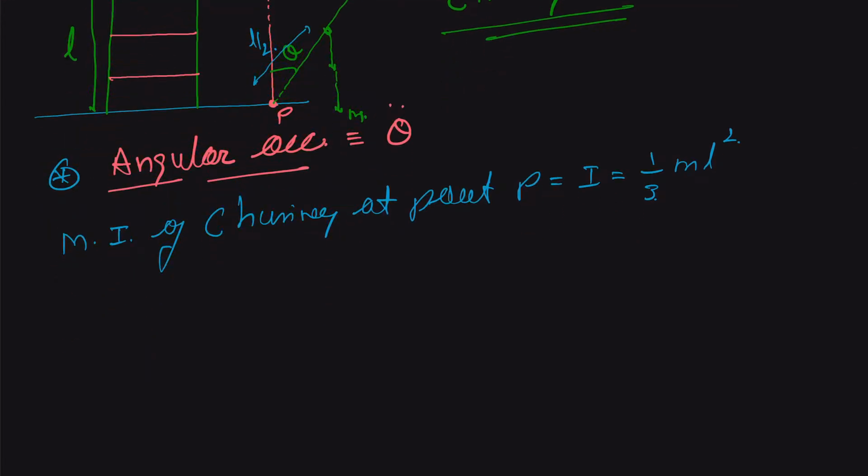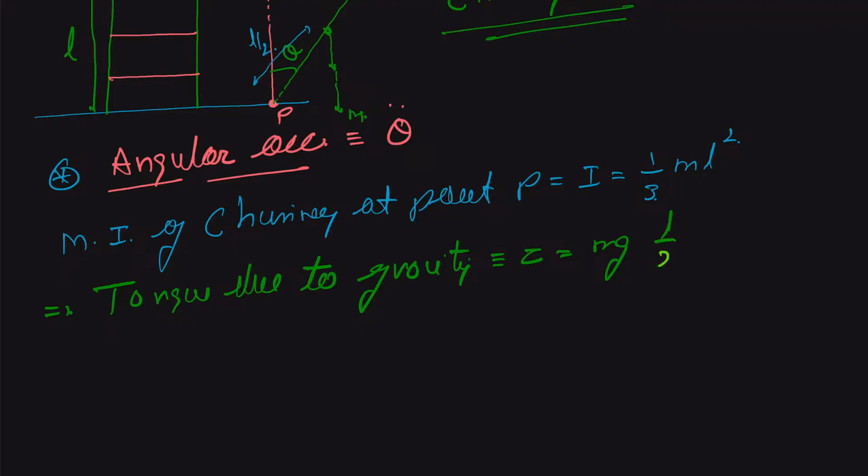Therefore we can write that the torque due to gravity, let us call this tau, will be equal to mg times the perpendicular lever arm, that will be L/2 sine of theta.